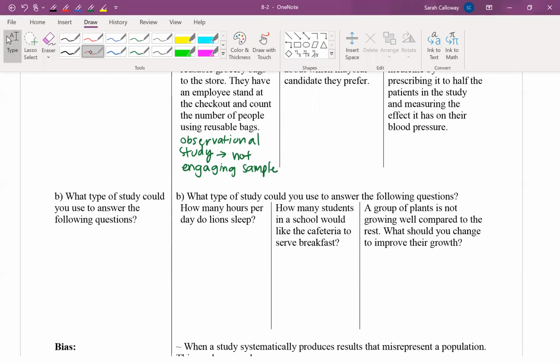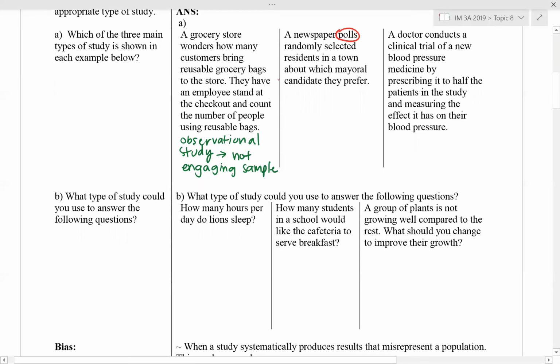If we think about this, the word poll means that we're having a survey. And so this is a sample survey, again, because the sample is engaged. I'm asking a question. So poll implies that I'm asking a question.